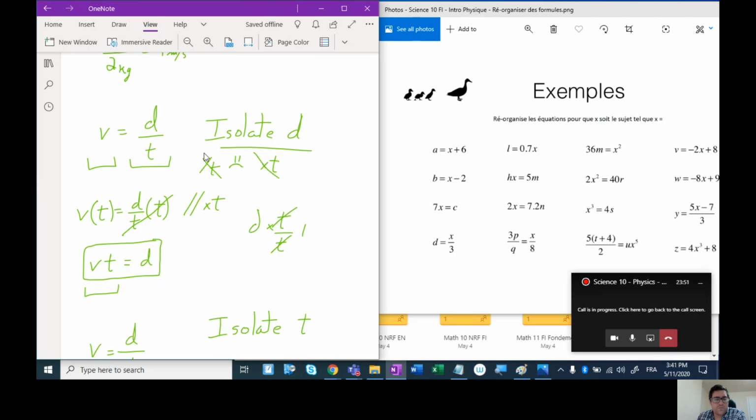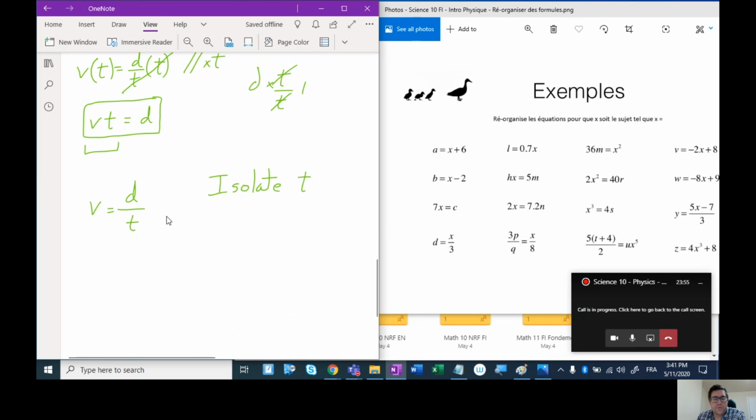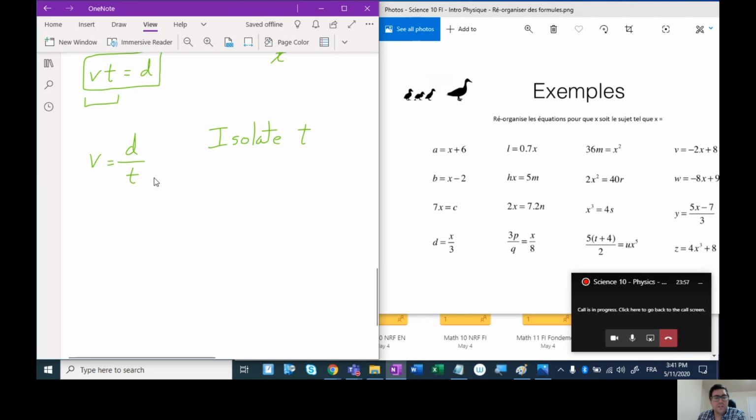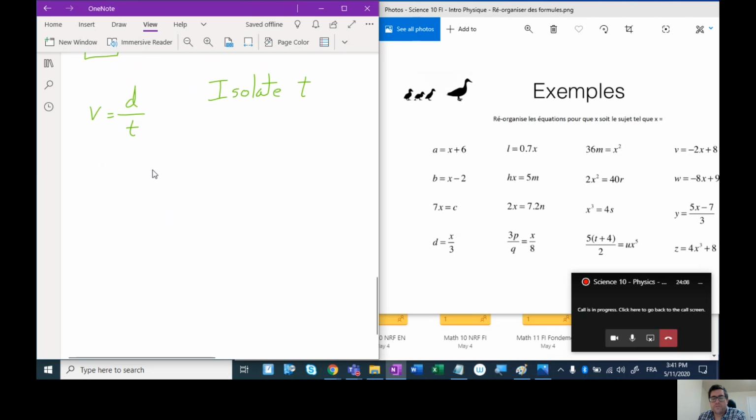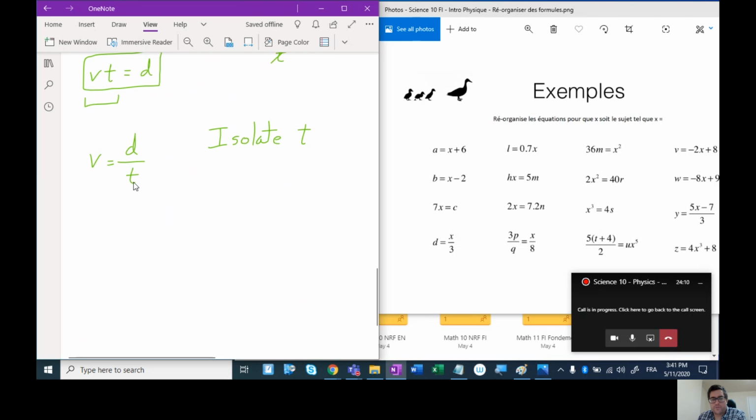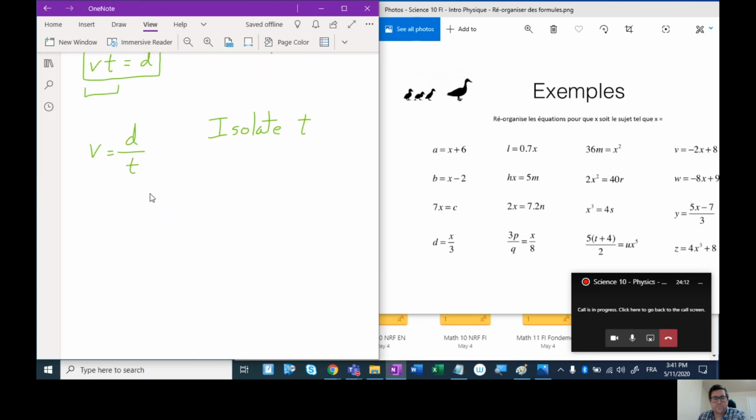And we figured it out. But here, can we ask what's being done to T? What is being done to time? No, it's not the right question. So that's why we're going to choose a different way of going about this problem.